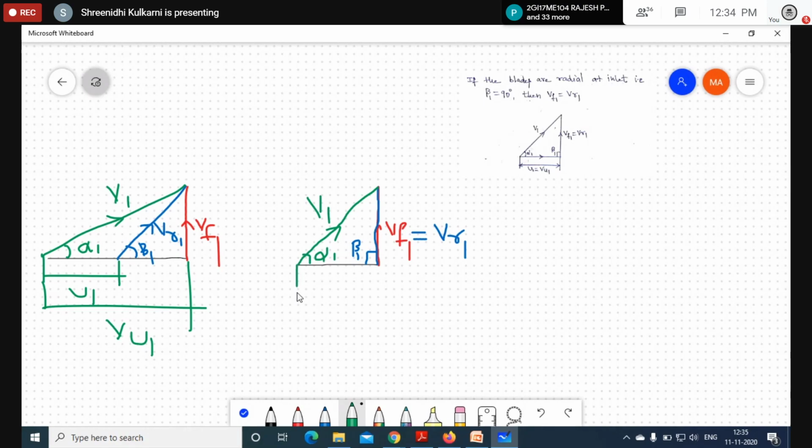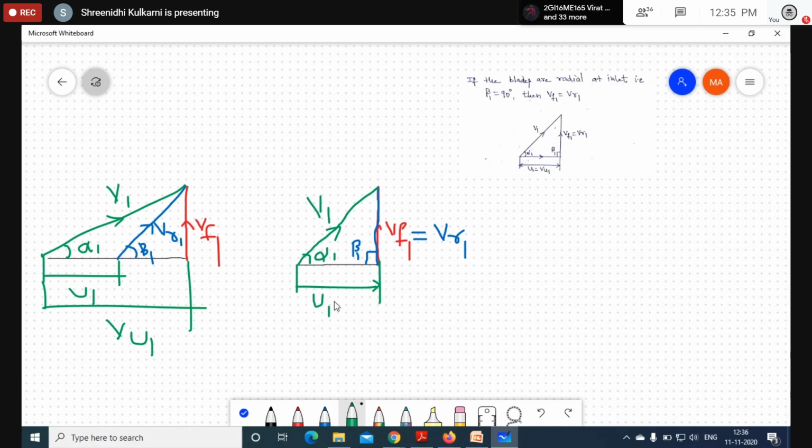From alpha 1 to this point, I will call it U1. But from alpha to beta, it is U1. Again, from alpha 1 to VF1, it is VU1. The absolute velocity is not falling here. The relative velocity is falling there, since the blades are radial.